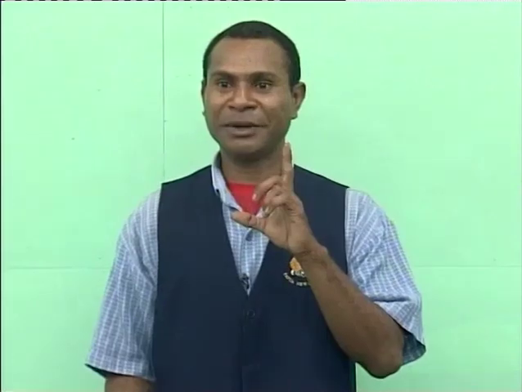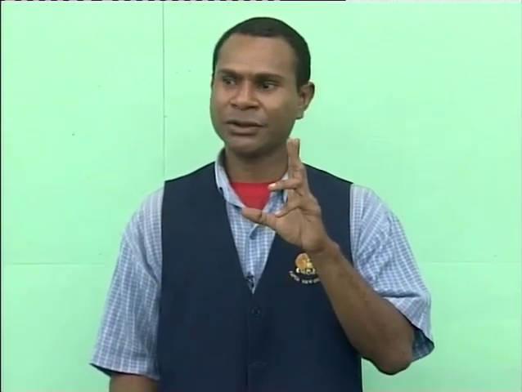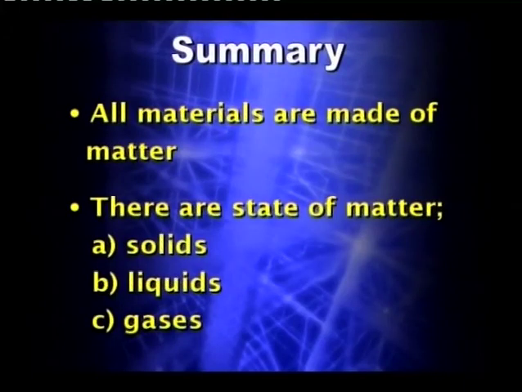How many states of matter did we find today? 3. So these are your summary. All materials are made of matter, and the three states that we found in our activity for today are solid, liquids, and gas. Fast writer, very good reader, cooperate to get that down.